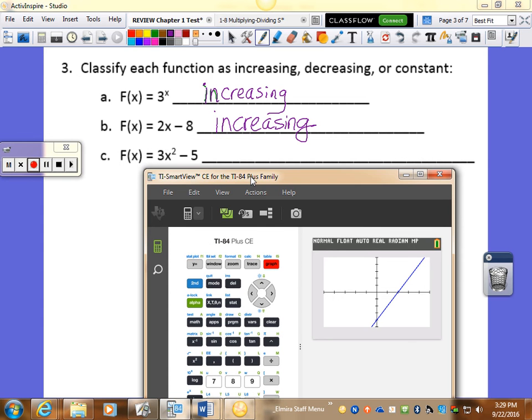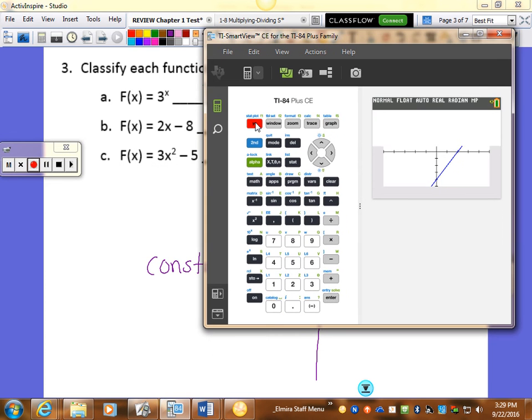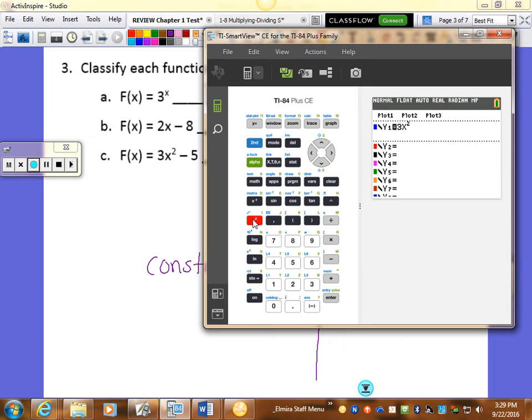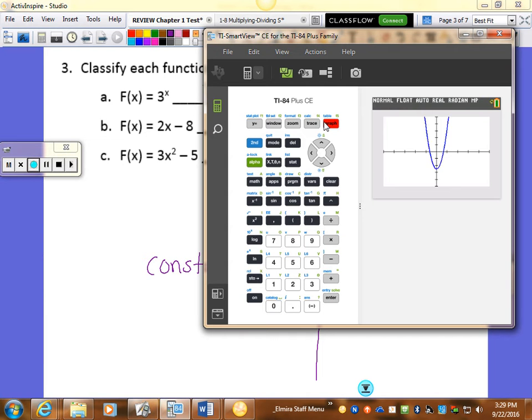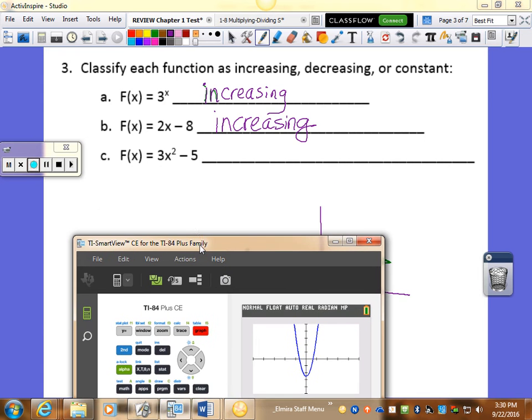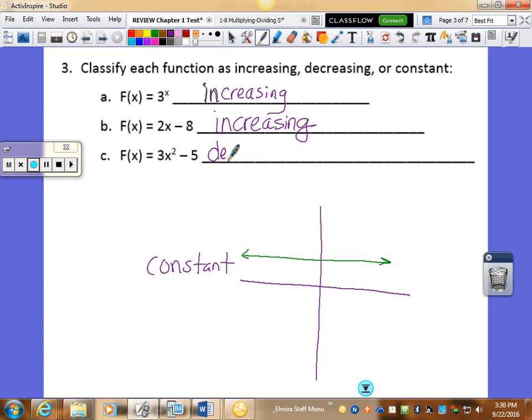The last one, y equals, clear it out, 3x squared minus 5, and hit the graph key. Okay, that function is decreasing and then increasing, and that's what I would write. Decreasing, then increasing.